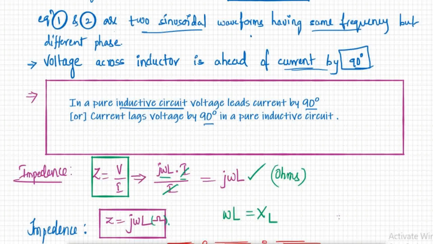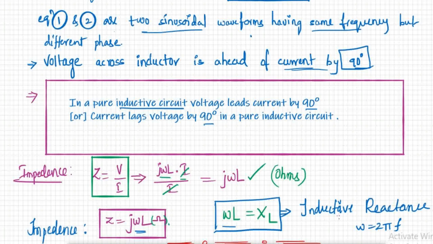This is one more factor you must remember: omega L is called inductive reactance XL, where omega equals 2 pi f. You already know this. So Z, the impedance, is j omega L for an inductive circuit, and omega L is called inductive reactance XL.